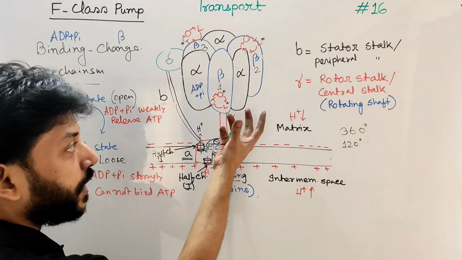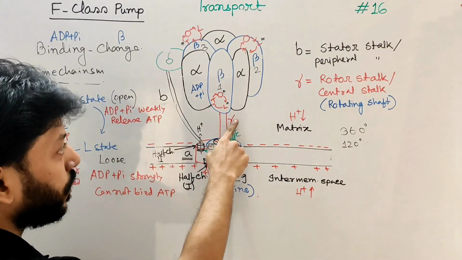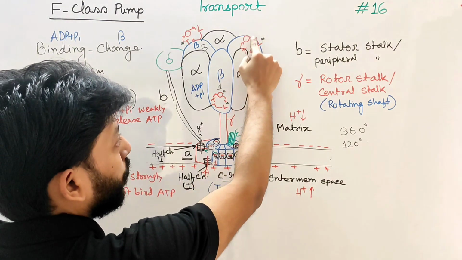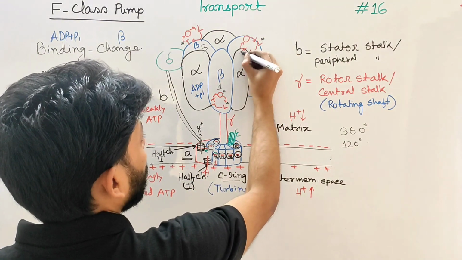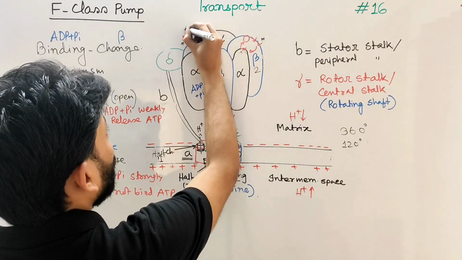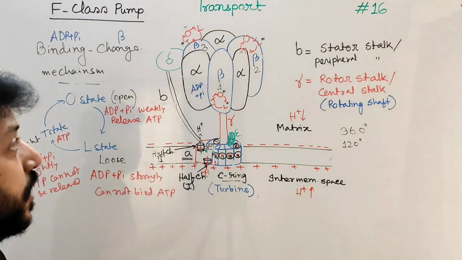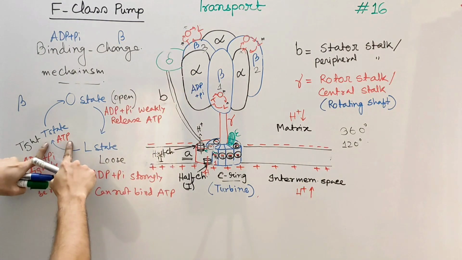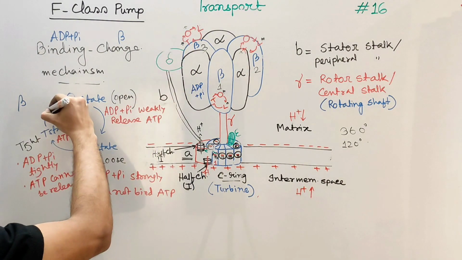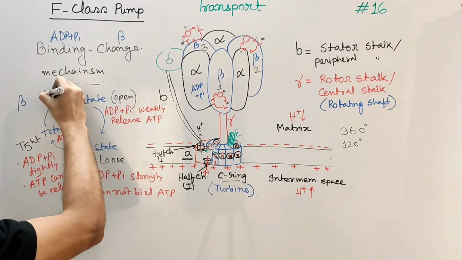So when a 120 degree rotation of gamma occurs, beta 2 will change from the L state to the T state, and the beta in the T state will move into the O state. And when the beta goes into the O state, the ATP generated in the T state will be released. So ATP will be released in this state.